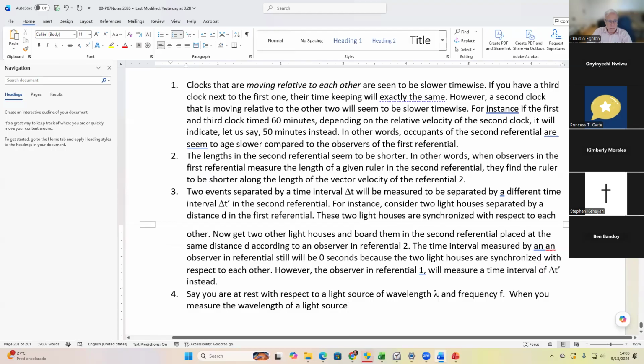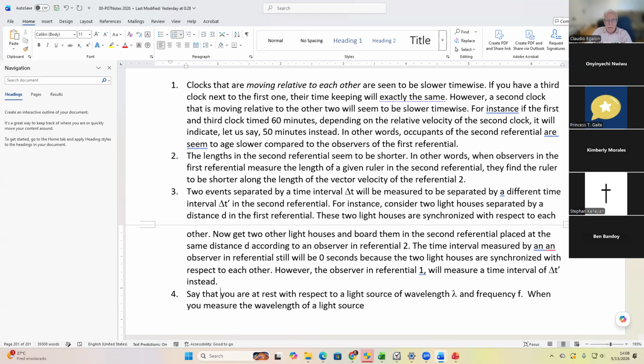Say that you are at rest with respect to a light source of wavelength lambda and frequency f.